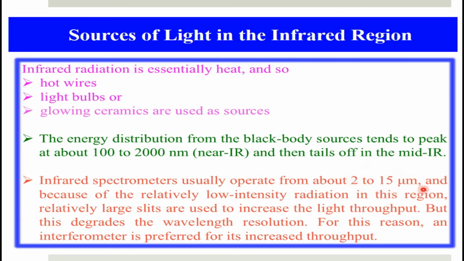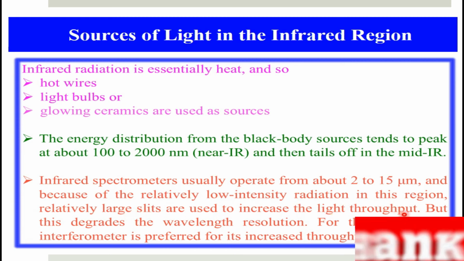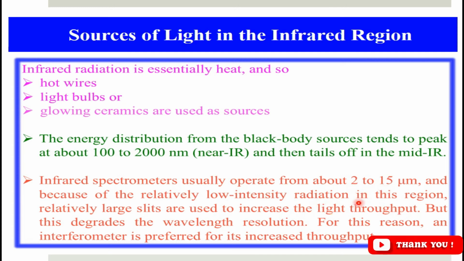In the previous lecture we studied the useful analytical range of infrared spectrometry, which is 2 to 15 or 16 micrometers. Because of the relatively low intensity of radiation in this region, relatively large slits are used to increase the light throughput, so that a large amount of radiation can reach the sample.